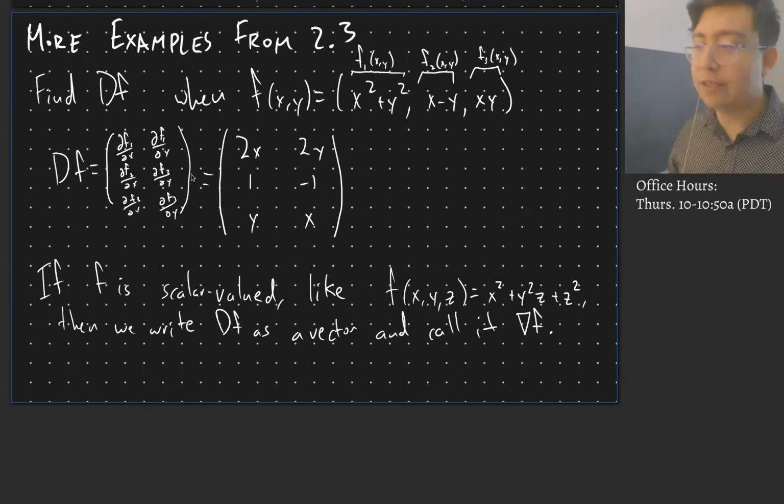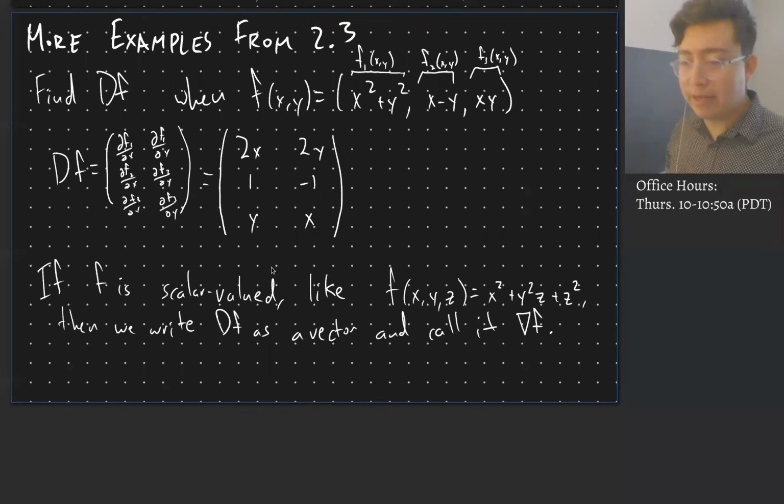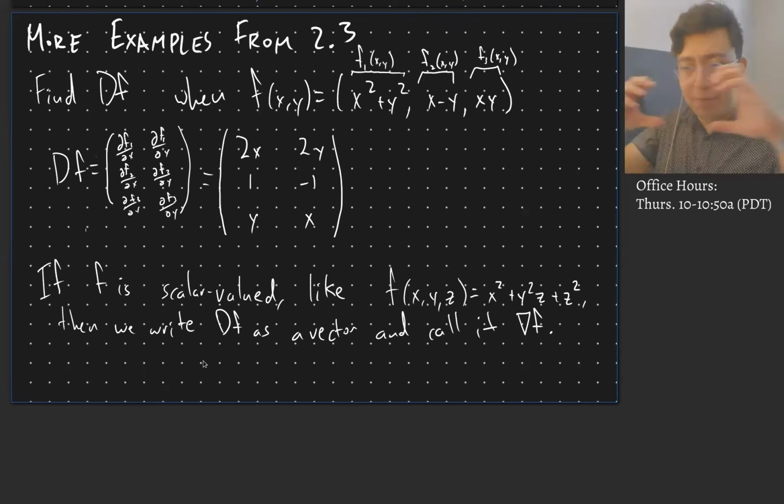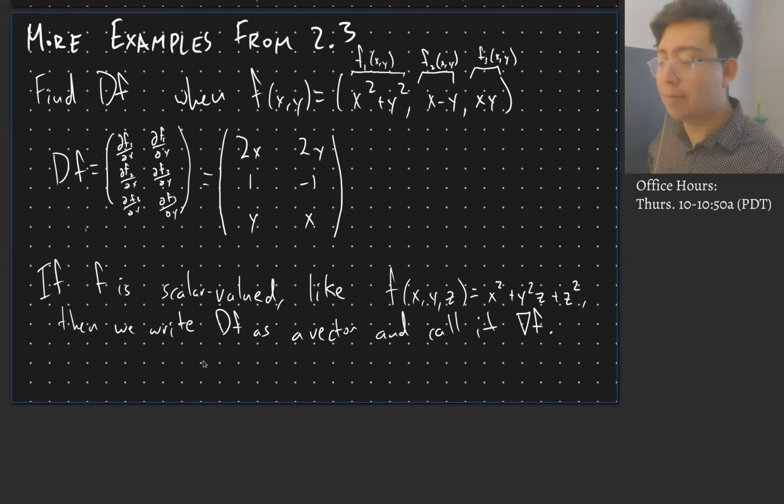So the gradient is just the special case of the total derivative, or matrix of partial derivatives, when it has only one output, or is scalar valued. Then we just write this matrix, which will be a row matrix, as a vector.